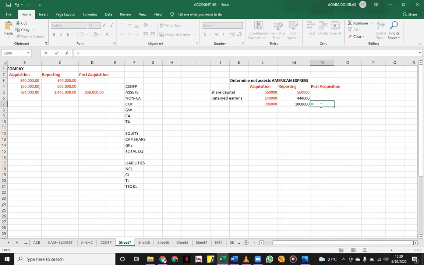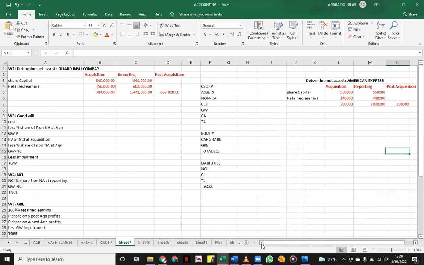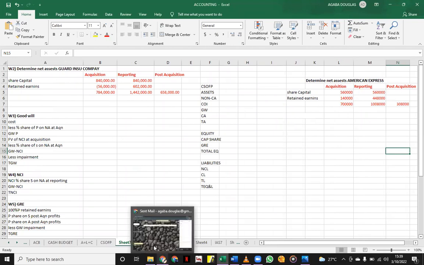So we'll say reporting minus acquisition, and once that is done, we have our post-acquisition. It comes to American Express, which is an associate, which we'll look at later on. So we are going to look at goodwill.